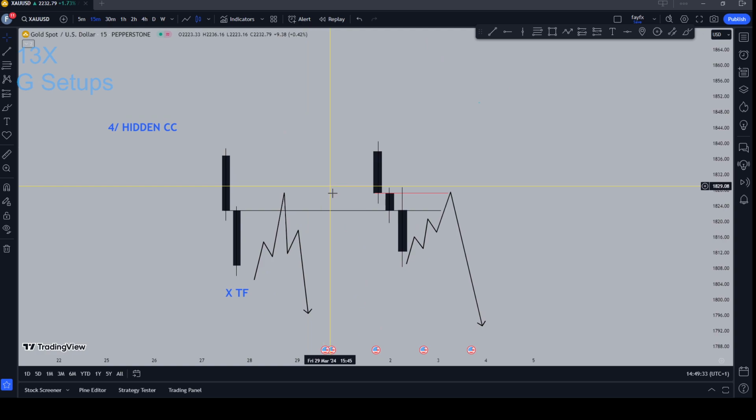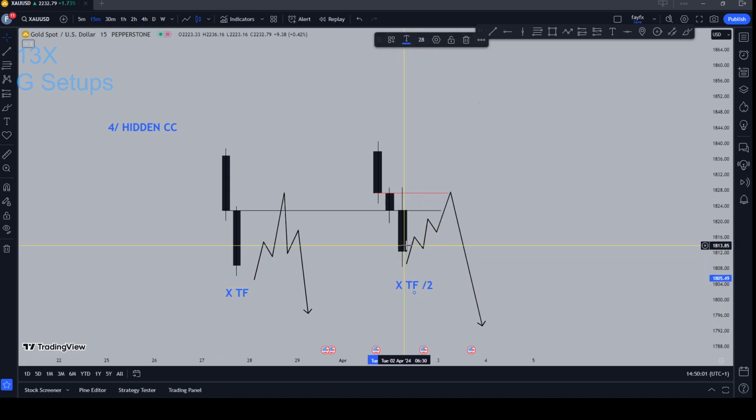For the fourth setup, it is a hidden CC. On X time frame, we have a gap. Then price came up, and we see that it is reacting from nothing here. But when we go one time frame lower, what are we going to find?